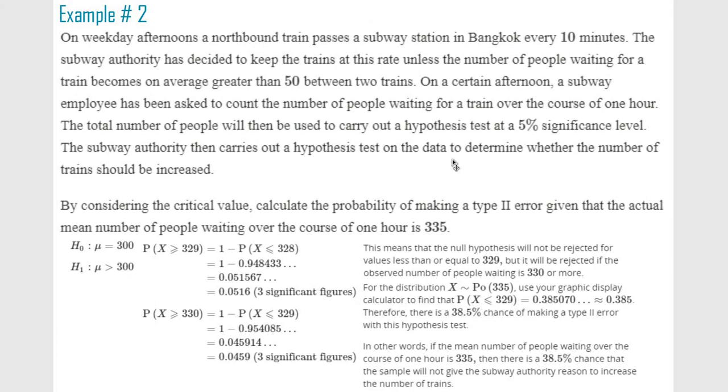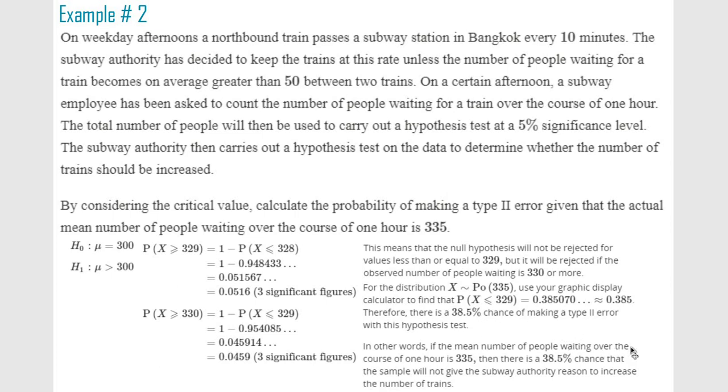So it actually happened, which means we want to not reject the null hypothesis, so we want it to be 329 or less. Find the probability that it's less than or equal to 329, and we get 0.385. So there's a 38.5% chance of this being good, but I could say that no, it didn't happen. That's a type 2 error.